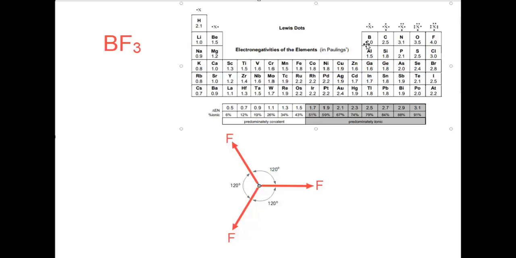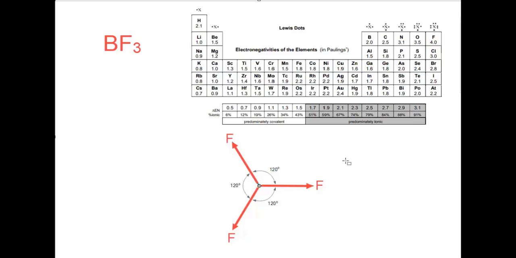And here we've got boron with a wimpy electronegativity of 2. Theoretically, that difference in electronegativity would make this an ionic bond. We wouldn't even have covalent molecules. But this is a molecular substance. It's got a boiling temperature of only 120 degrees below 0. That's not even close to being ionic.